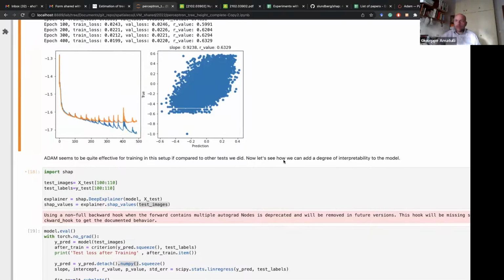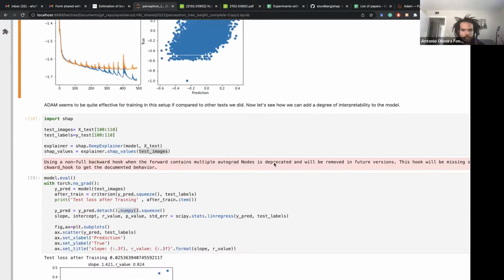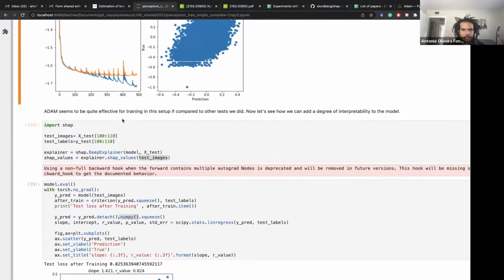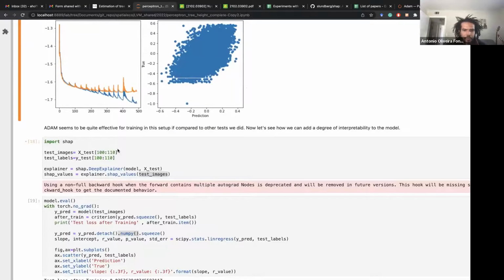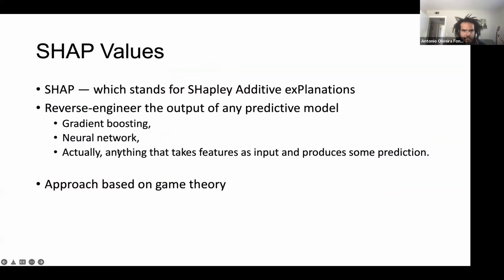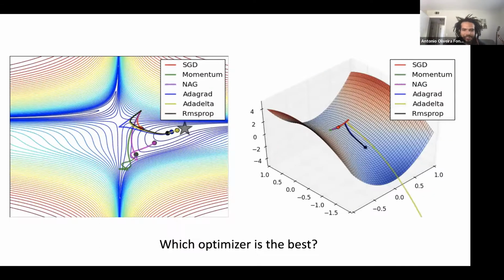Okay. Yes, I think it was quite clear. So very quickly, before we go to convolutional neural networks, I want to mention one thing, the SHAP values. I forgot to show the coolest part of this whole optimizer thing.